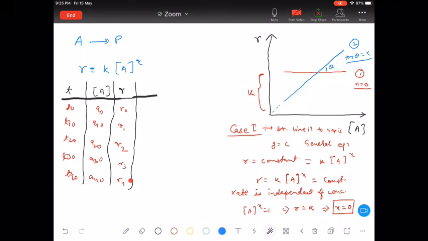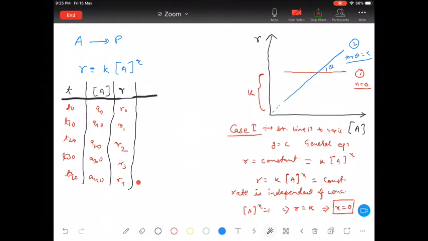First, concentration of A: we have these concentrations at these intervals of time, so some kind of rates we have obtained. With respect to these values, we have plotted these values on an R versus A curve. So there are possibilities of obtaining different curves.